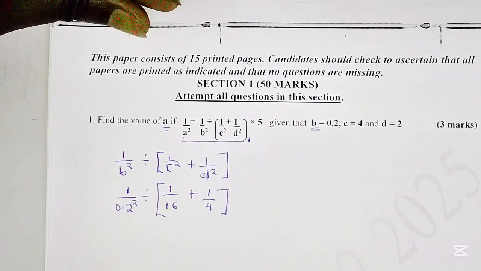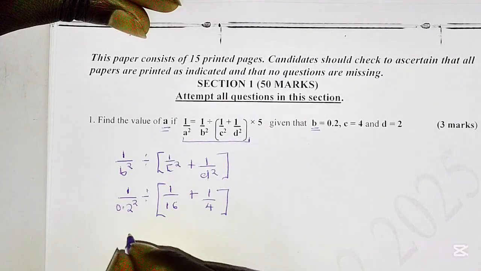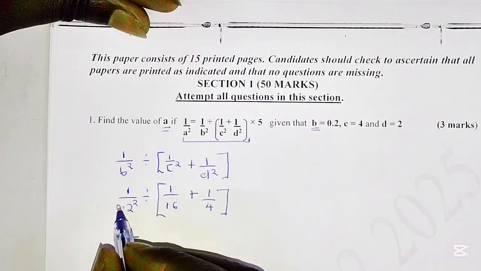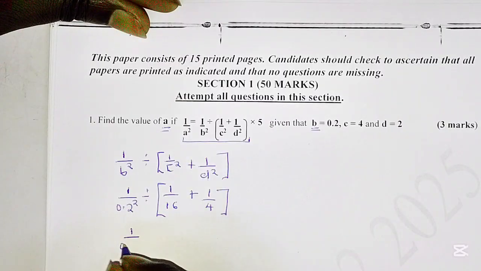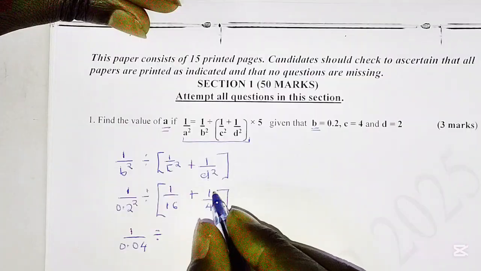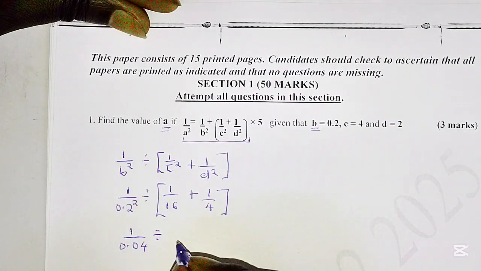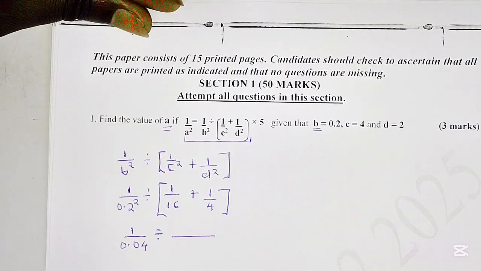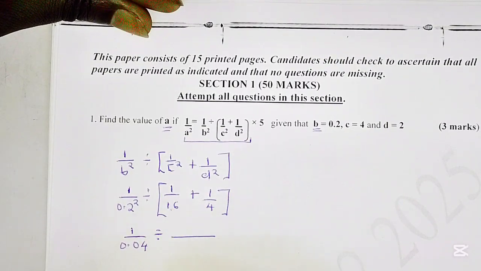Now, when you work it out, 1 over 0.2 squared becomes 1 over 0.04. Then this one is divided by 1 over 16 plus 1 over 4. When you add these two, you are going to use the addition method, whereby the LCM of 16 and 4 is 16.